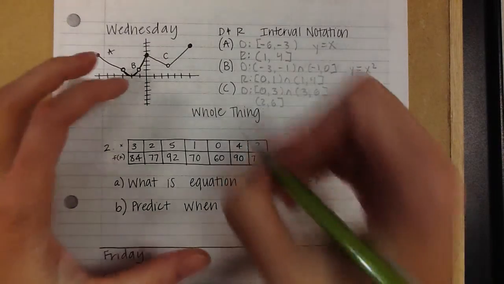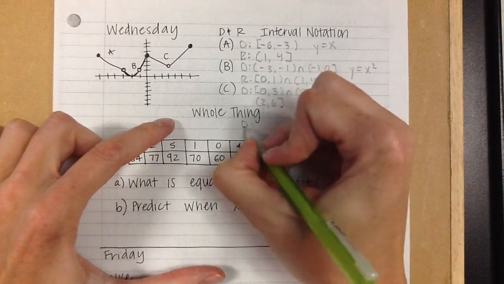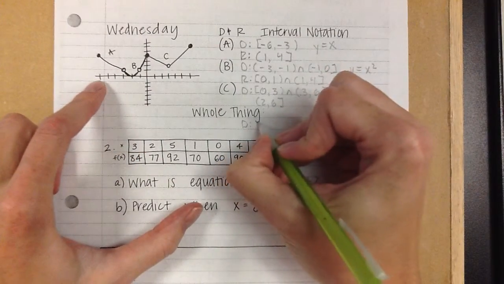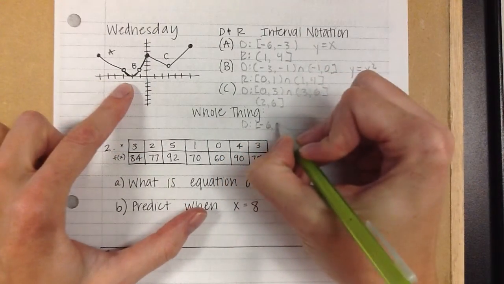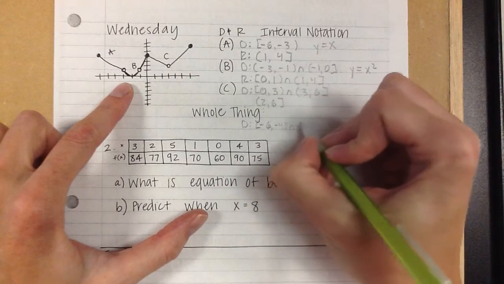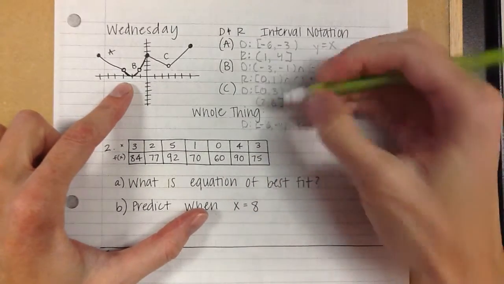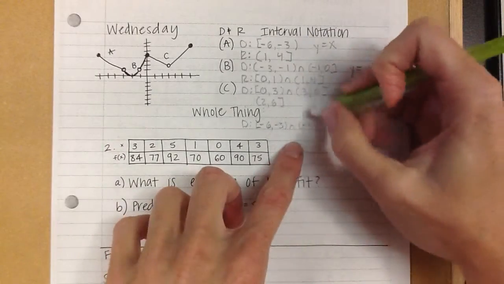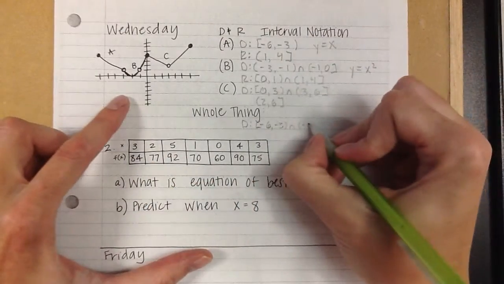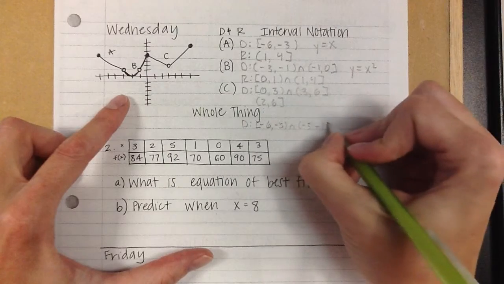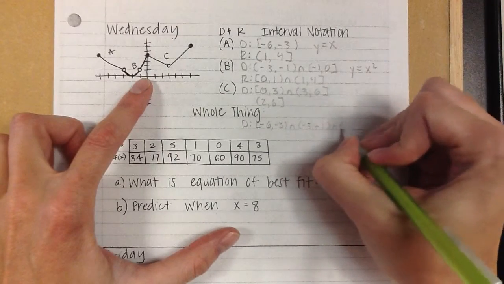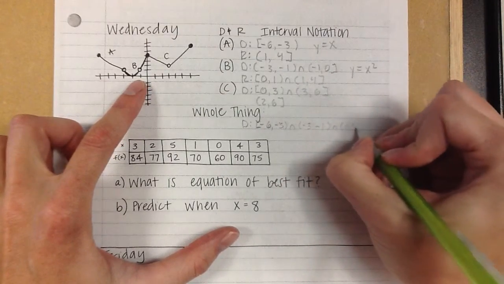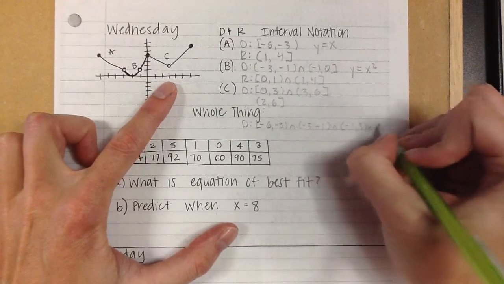So the domain of the whole thing, I'm just going to write it down. We're going from -6 to -4, and then from -3, how about 3, if I could count. And then -3 to -1. And then -1 to 3.